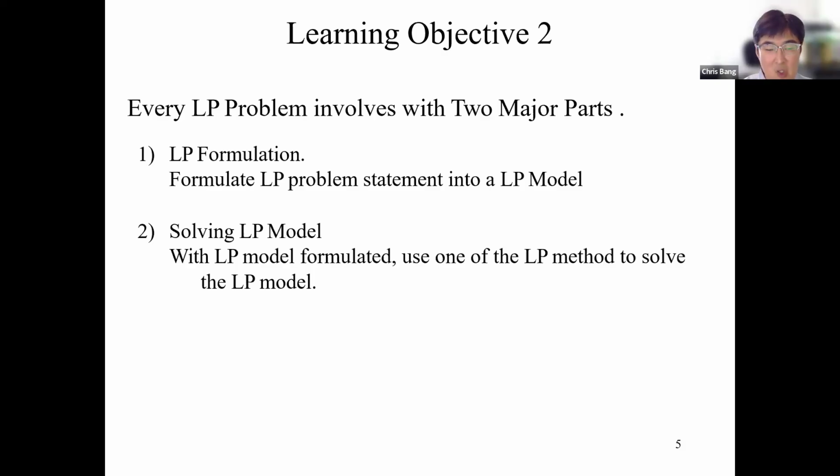There is a bunch of software, but we are going to use Excel. Excel is a really powerful application, and once we add an add-in, we can use Excel to do LP. If the model is formulated incorrectly, even the best solution method will not produce a useful answer.